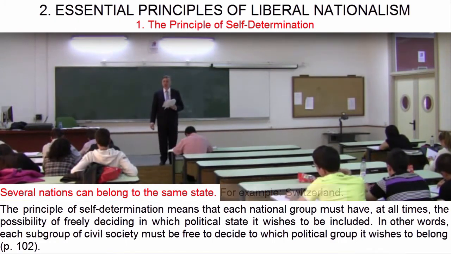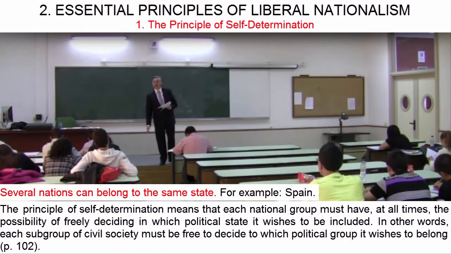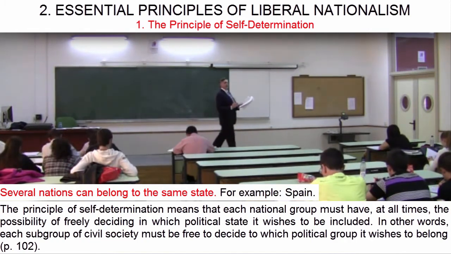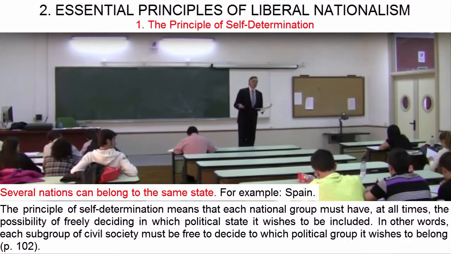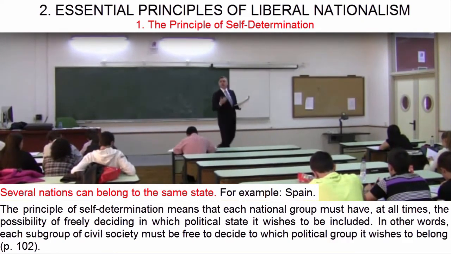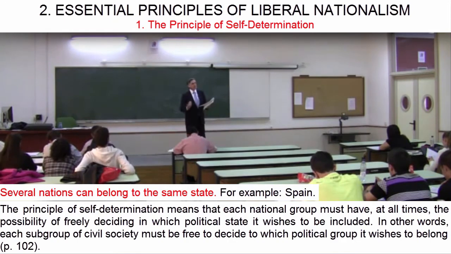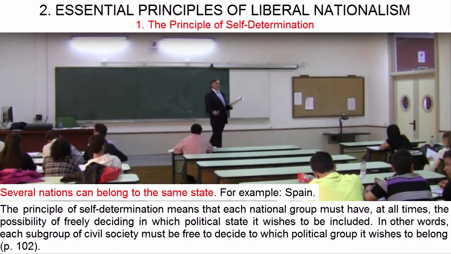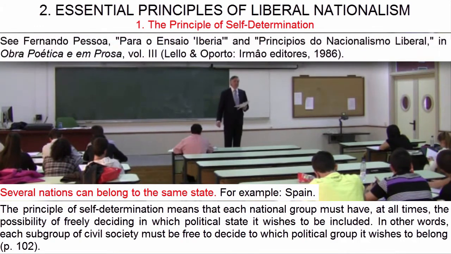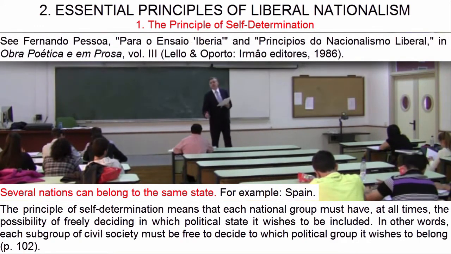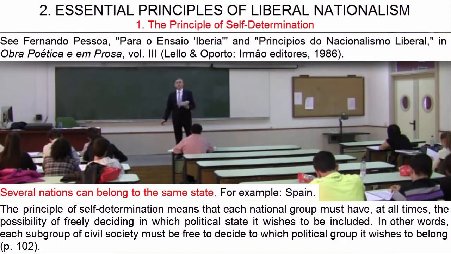Differences aside, perhaps we could say the same about Spain, where within the same state, the nation of Castile-Leon, the nation of Catalonia, Valencia, and the Balearic Islands, and the Basque nation live together. We could even mention a fourth nation, the Galician or Galician Portuguese nation. Fernando Pessoa explains this in detail in his well-known essay on liberal nationalism.